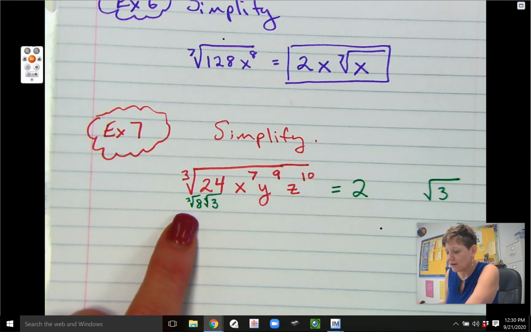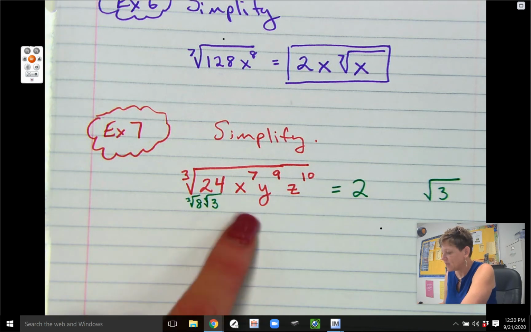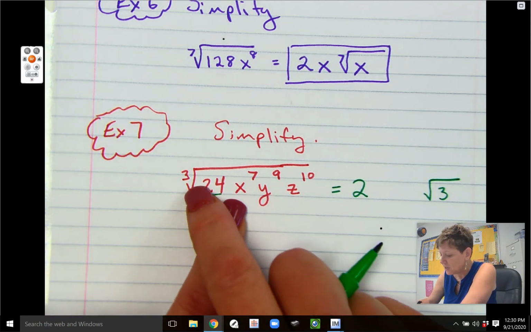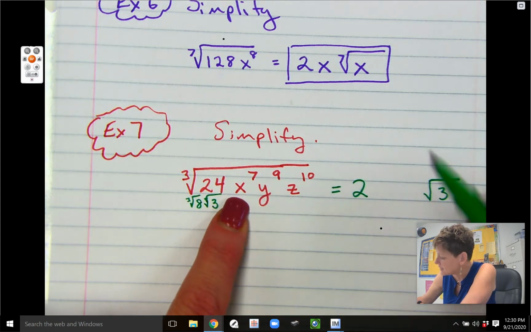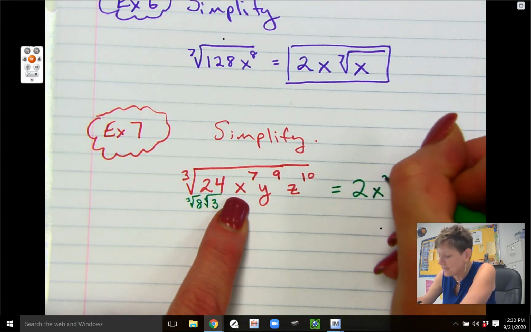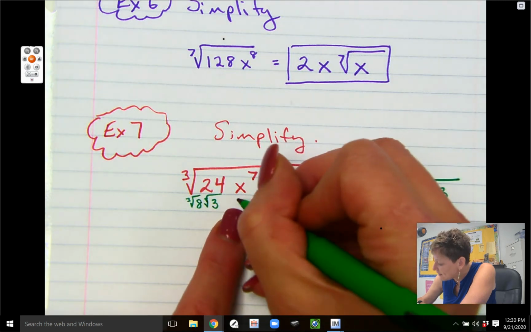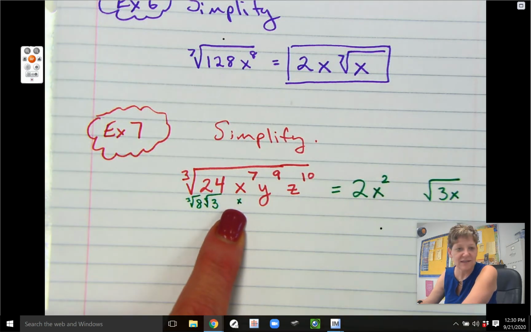Now I'm going to go on to my x's. 3 goes into 7 twice. So I'm going to have x squared on the outside, with 1 x left over, I'm going to put it on the inside.